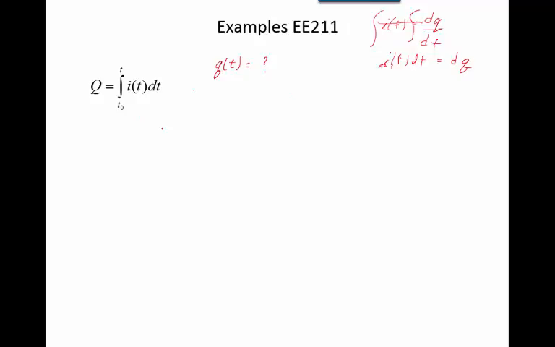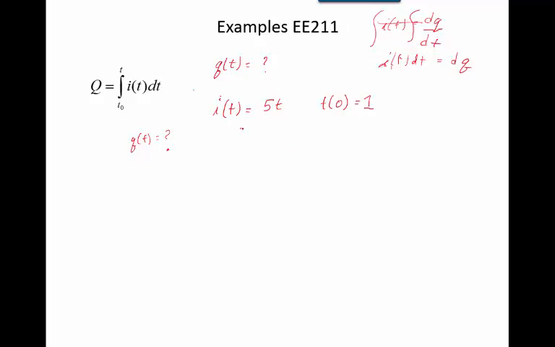So here's my example. Let's say that you are given that I of t equals 5t, and you're given initial conditions of t at time 0 equals, I don't know, let's make it equal 1. So I want to find what q of t is.